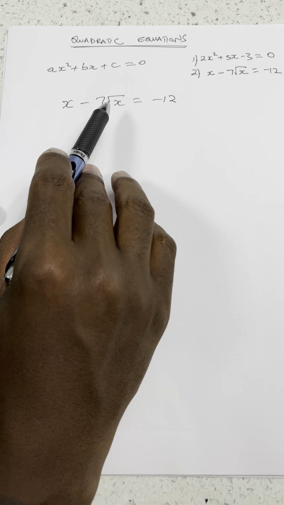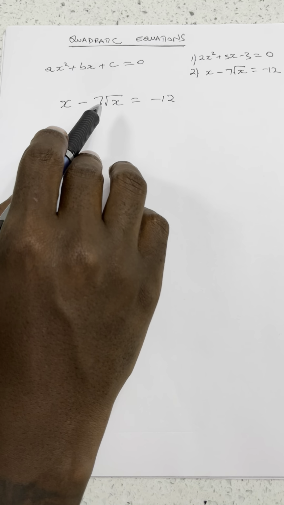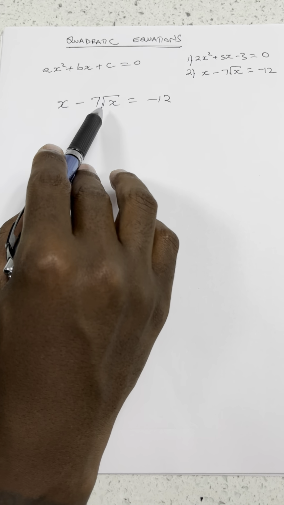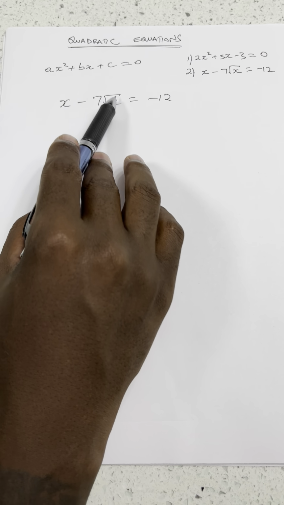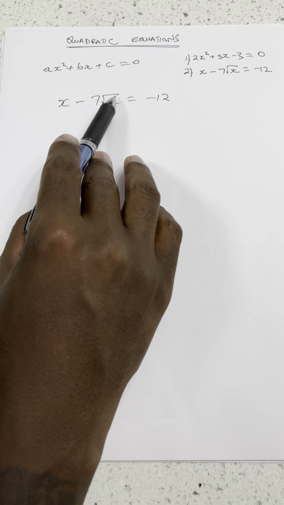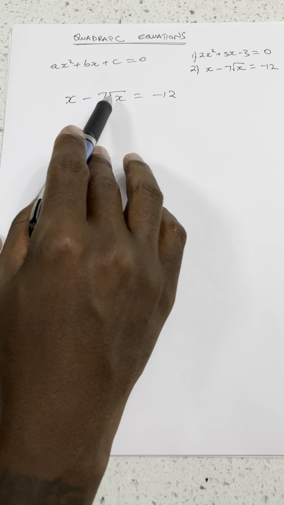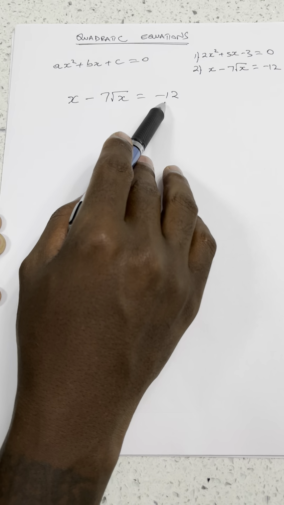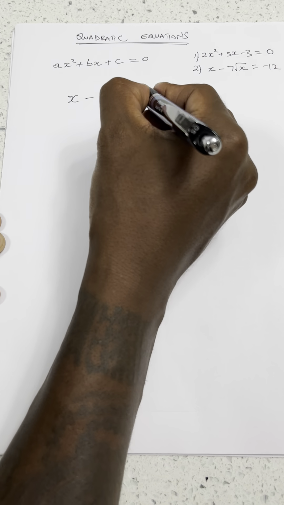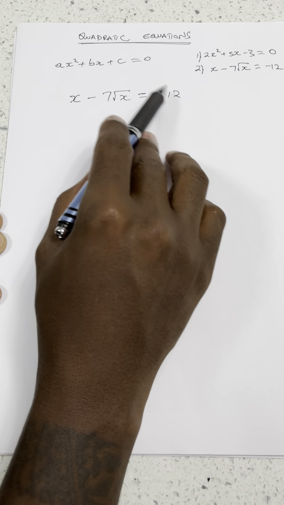I use a method called the separate and eliminate method, where I separate the term that has the undesired square root so I can get rid of the square root. So we'll transpose this term to the right hand side of the equal sign and transfer the 12 to this side.